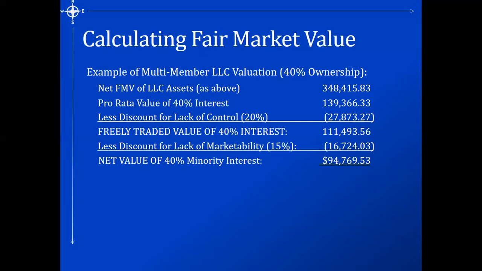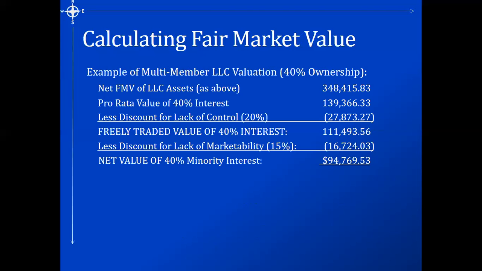But that 20% isn't just a figure that you can plug in. That should be based on reasonable assumptions and reasonable interpretations of what other assets of a similar value or similar business venture might have as a discount there.